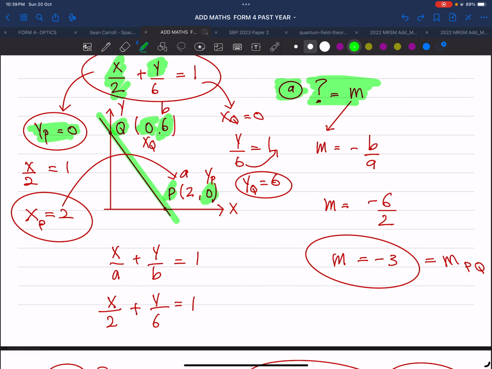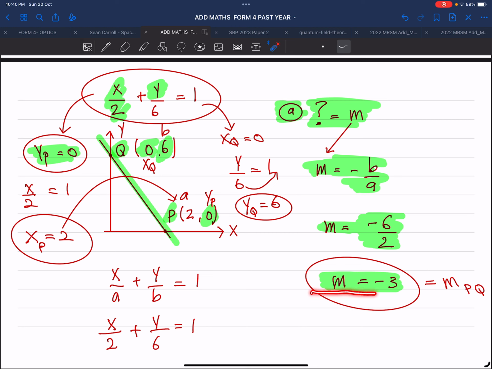So therefore, gradient is negative 6 over 2. Divide, I get gradient equals to negative 3, which is our answer. And don't forget that this gradient, negative 3, is also gradient of the line PQ, which we are going to use for the second part.